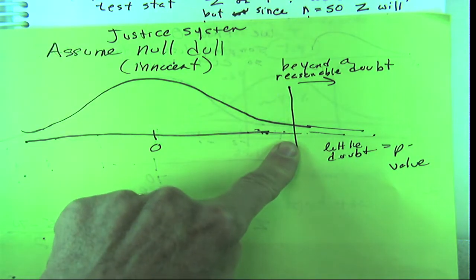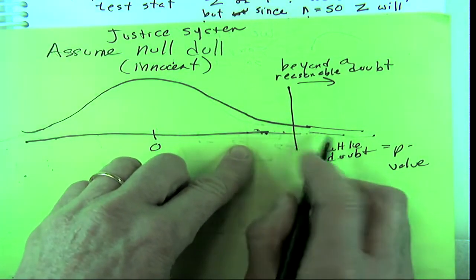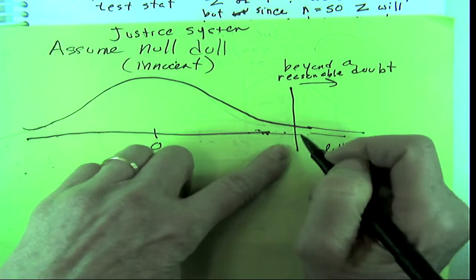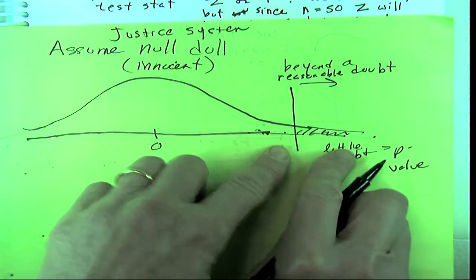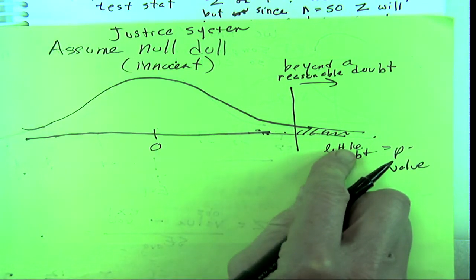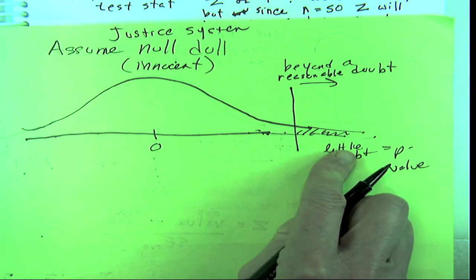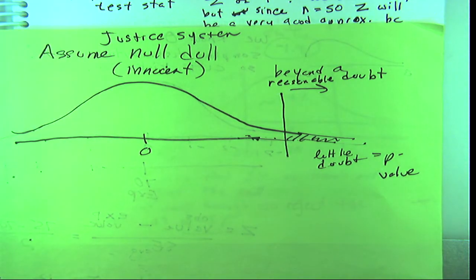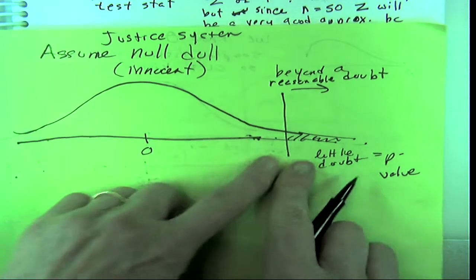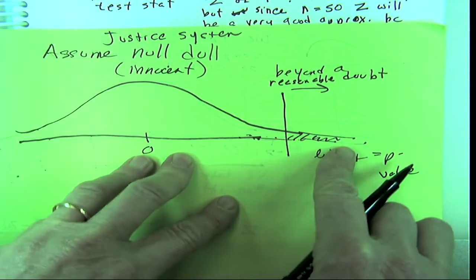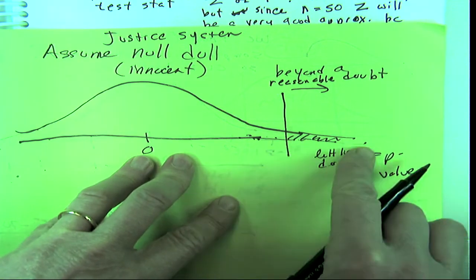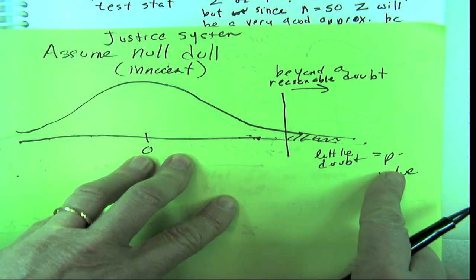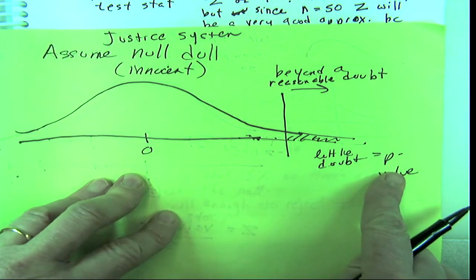Now, we can't quantify it, but this little bit of lingering doubt, because nobody knows for sure, except the defendant himself, and sometimes they even get confused, or God, if you believe in God, that's the only one who knows the truth. You don't. But you make a decision under uncertainty. And you say, okay, beyond a reasonable doubt, and that little bit of doubt is your p-value, okay?